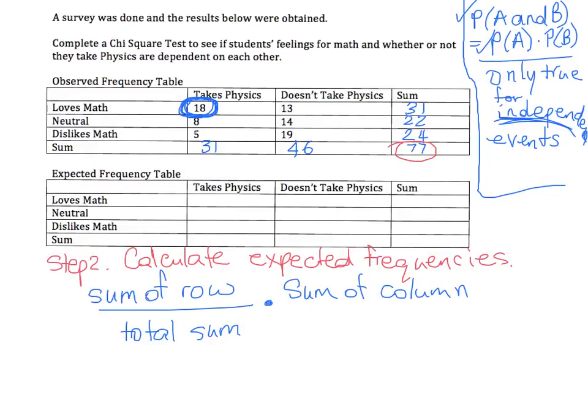In order to figure out the expected value, we take the sum of that row, which is 31, divide it by the total sum, which again is 77, and multiply that by the sum of the column, which is also 31.